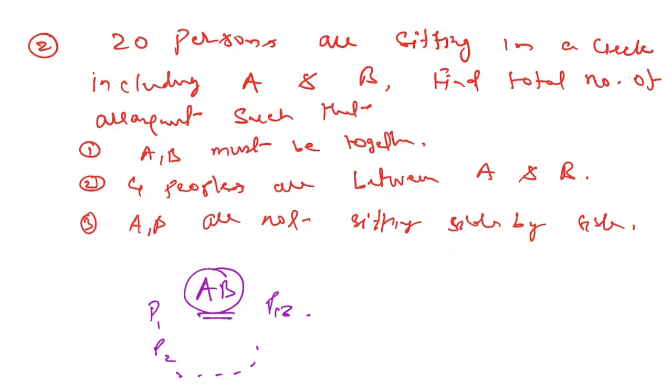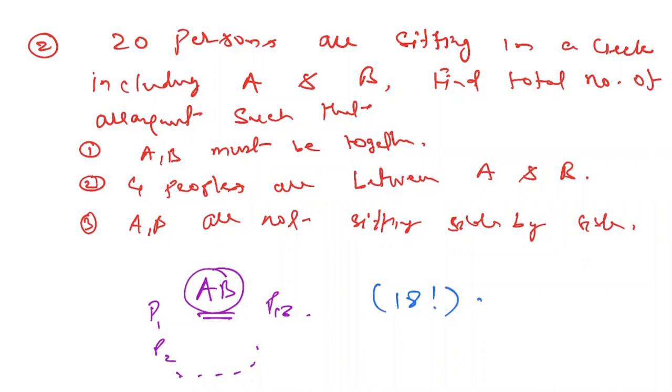be factorial of 19 for arrangement of 20 people. But we have the case when A and B are together, so total 19 people are there. So you must go for factorial 18.